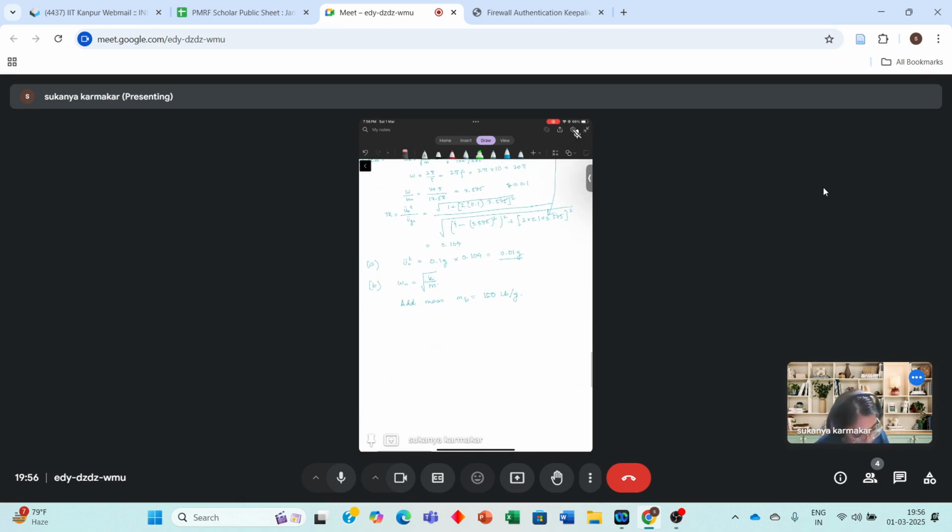Okay, I hope this is visible. Therefore, new omega n dash will be, stiffness of the system is 80, earlier was 100 pounds plus 150 pounds divided by 386. This comes out to be some 11.11 radian per second.